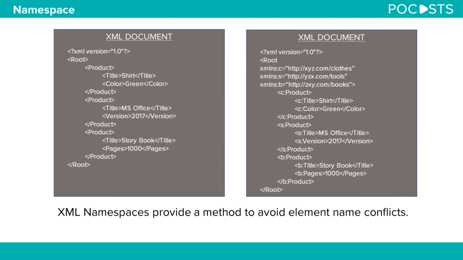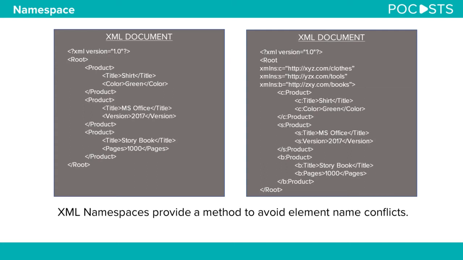So when I write down the products below, I use this namespace to differentiate between each product category. If I use c colon product, then I'm saying this is a category for clothes. And when I want to access clothes, I will refer to c colon products, which will help me identify the products inside the category.